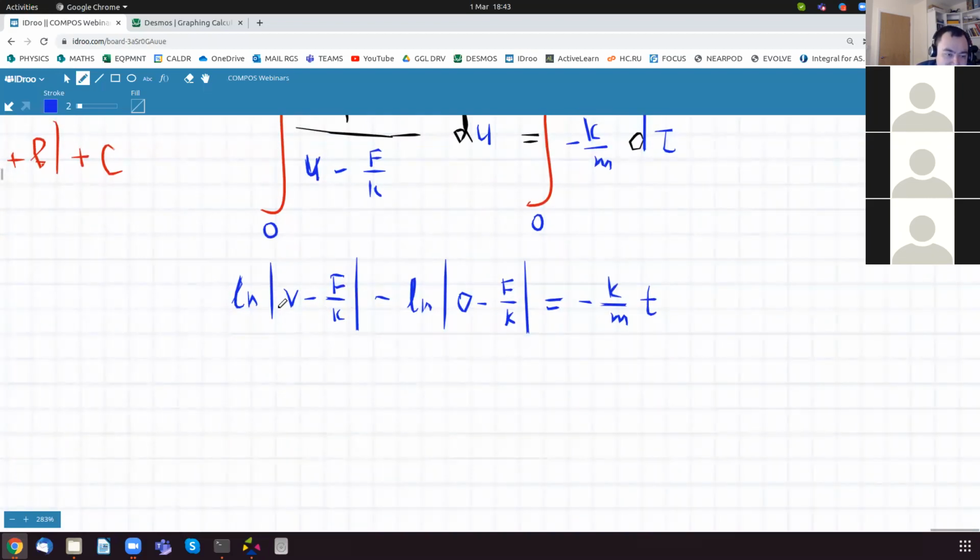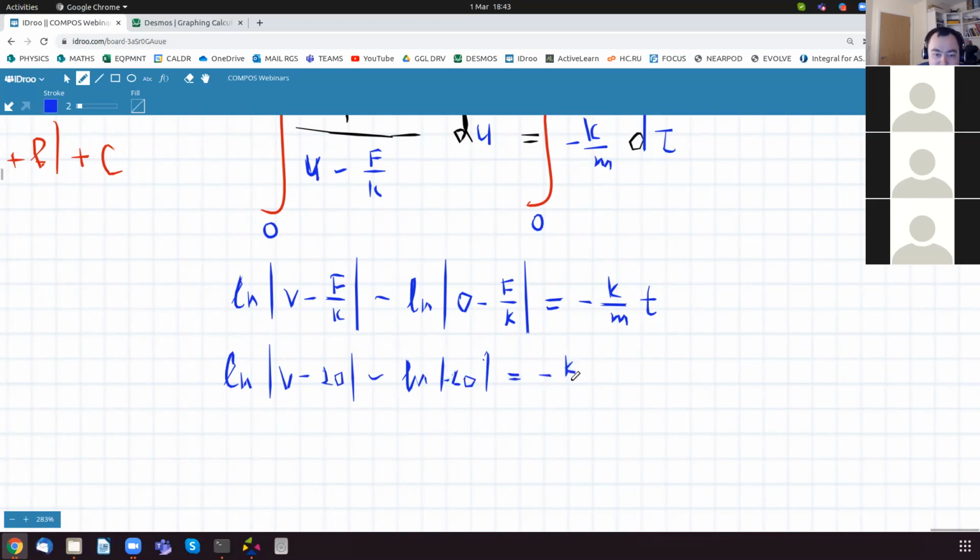When we remember the values, I'm going to use v minus 20, minus logarithm of minus 20, but it's the modulus of minus 20, so it's logarithm 20. Logarithm of minus 20 equals minus k over m, which is 0.1, t.